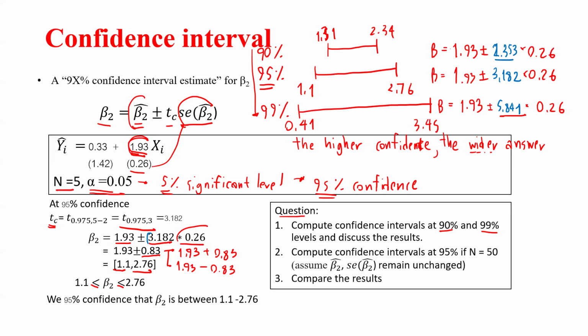So to prevent an error, we try to make a wider answer. This is what we get from this example. We try to prevent the error because we said we have more confidence.